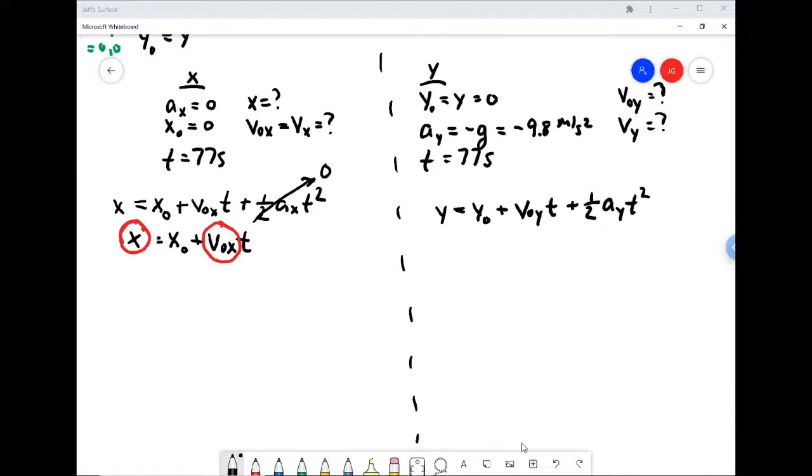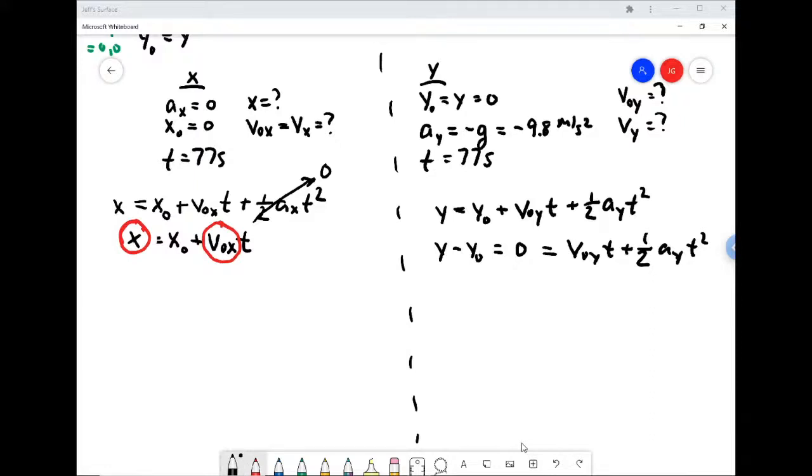Okay. Well, what don't we know here? Well, we know v and v. We don't know y and y naught, but we do know that y minus y naught is 0, because the initial and the final position are the same.